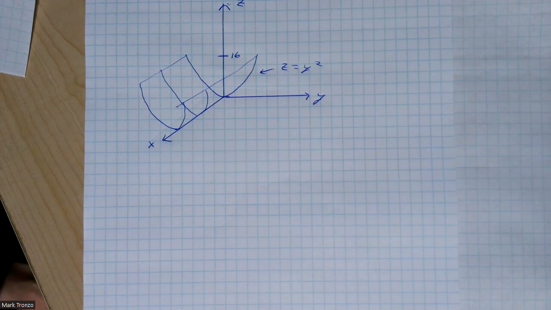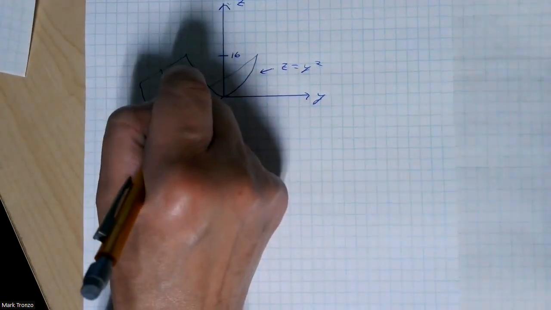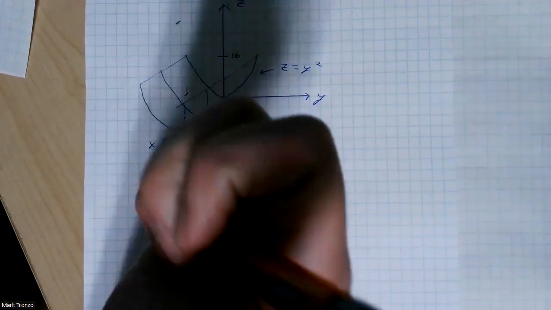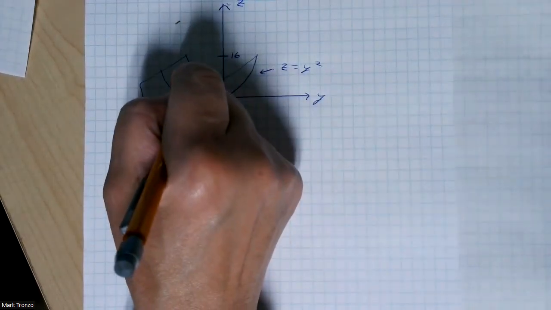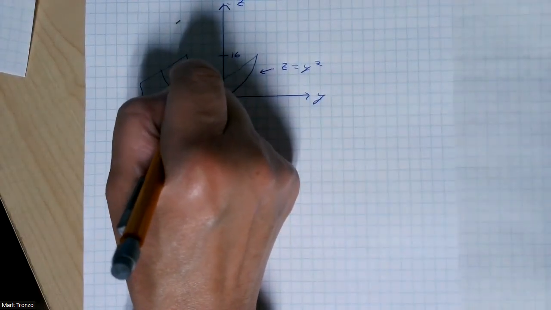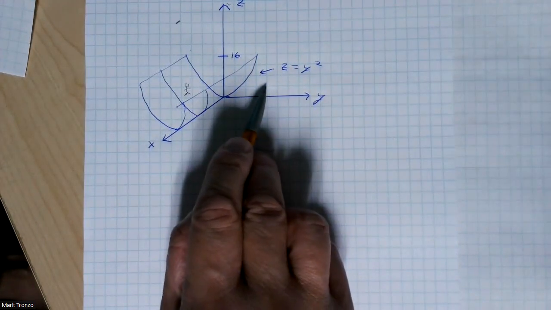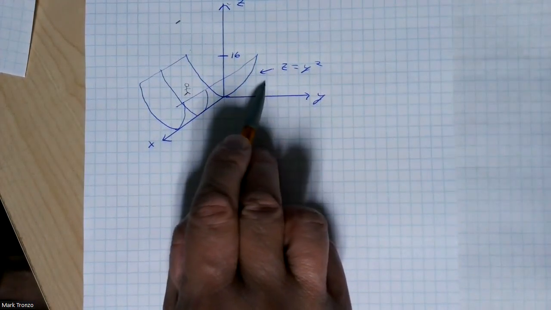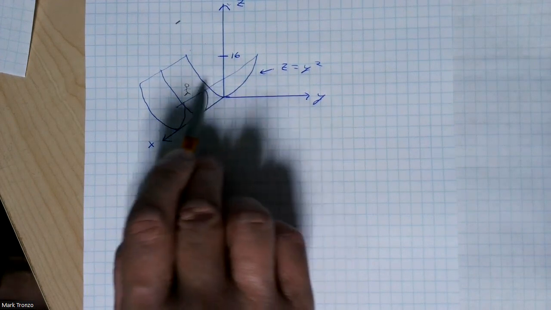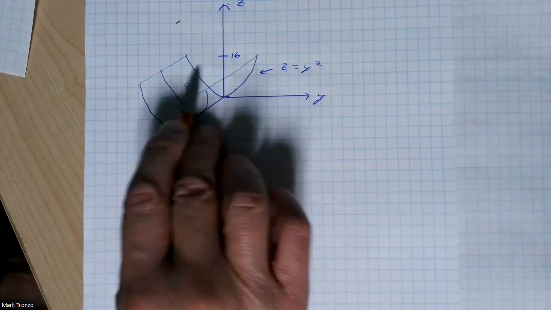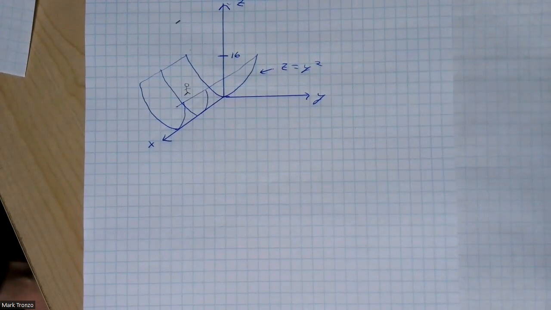Imagine yourself standing in that volume. Your feet are going to be down here on the parabolic cylinder, and your head is going to be pointing towards the roof, z equals 16.